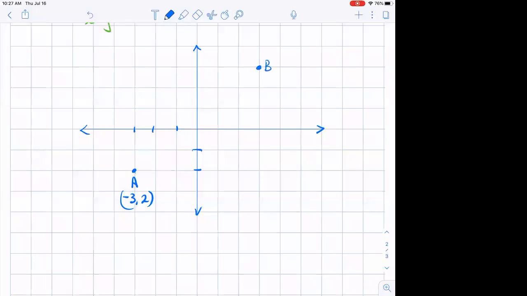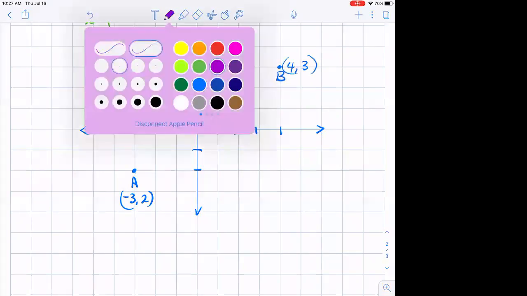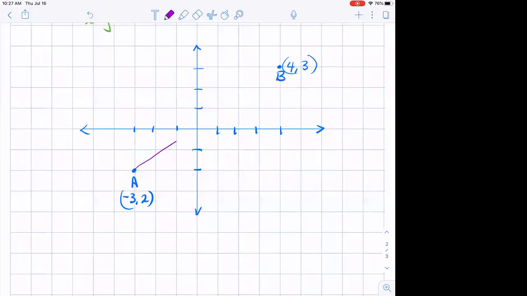And let's say we have a point B here, at 4, 3. Let's say this is point B. And if I now connect a line from A to B, okay?